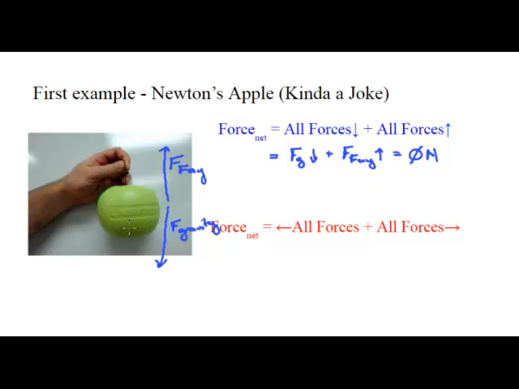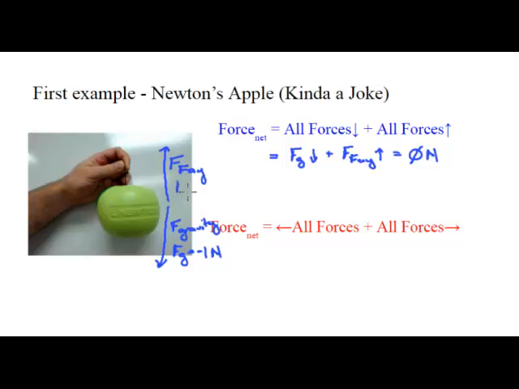Now, because I know that this is a Newton's apple, on the side of it, I am told that the force due to gravity is 1 newton. But quick, which way is up? Which way is down? And since the arrow is pointing down towards the center of the Earth, I'm going to make this a negative number.